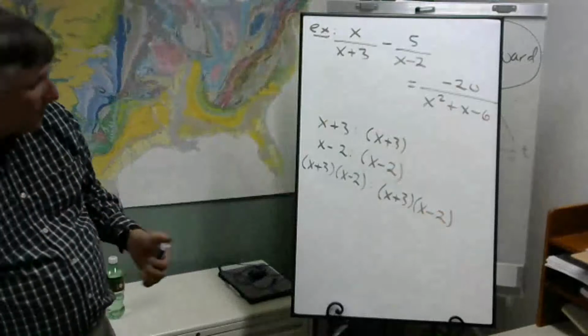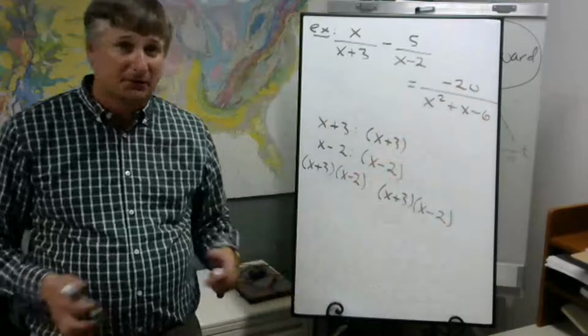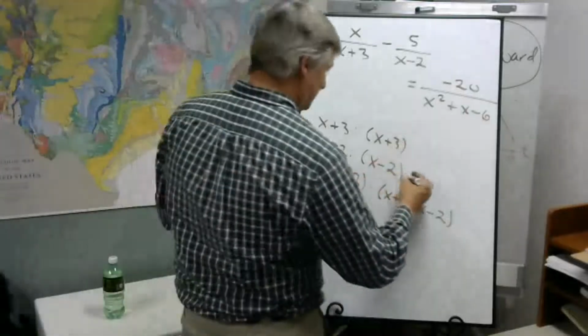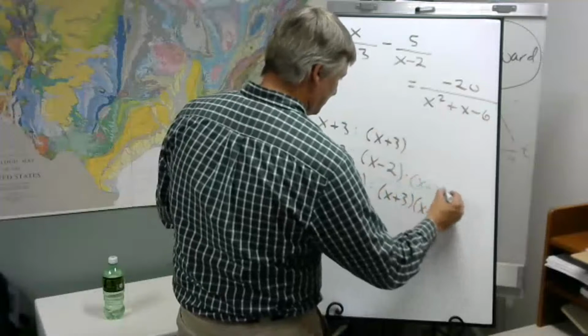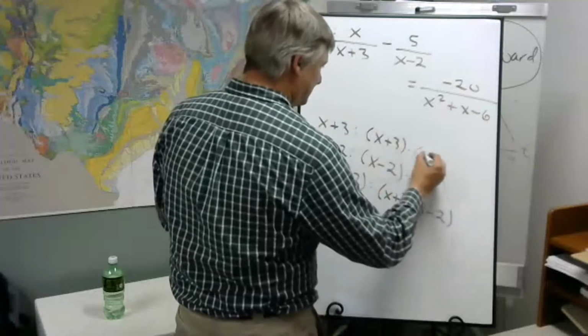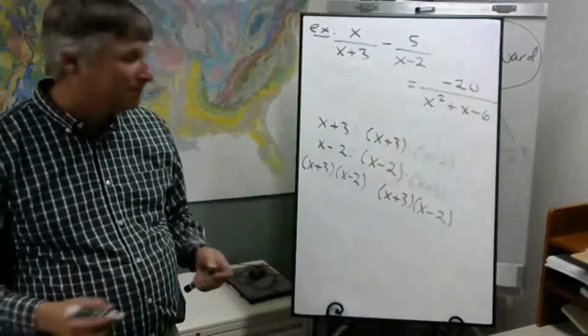So now we ask the question, what is missing from these listings? Well, this one needs an x plus 3. This one needs an x minus 2. So now they're all the same.